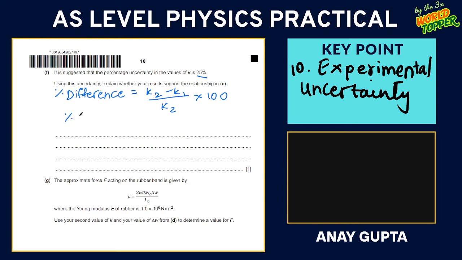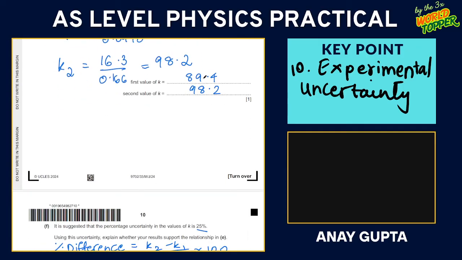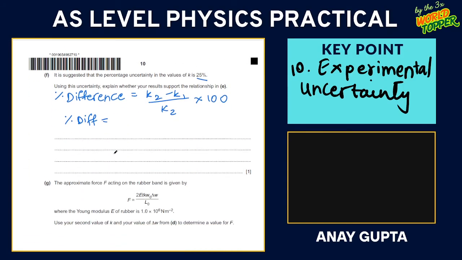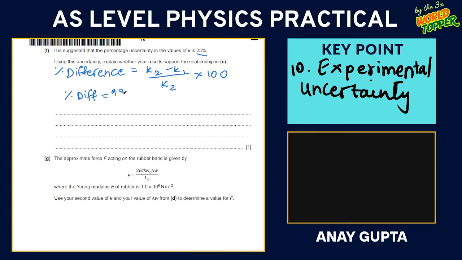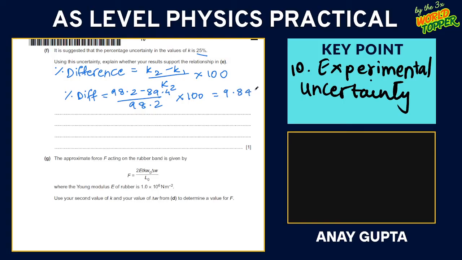So if we just take our values 98.2 and 89.4, the percentage difference is 98.2 minus 89.4 upon 98.2 into 100. That comes to about 9.84% if you put that in the calculator. So we have established our percentage difference. But if you leave your answer till here, you get a 0.